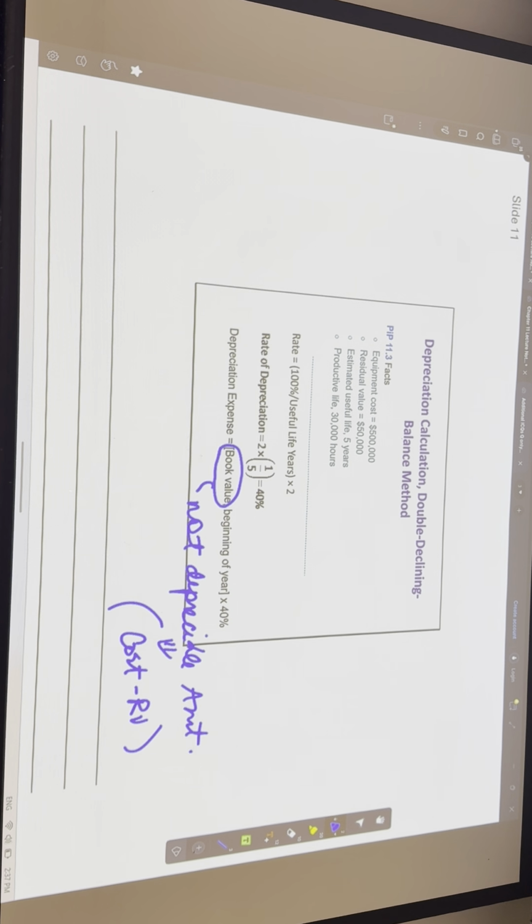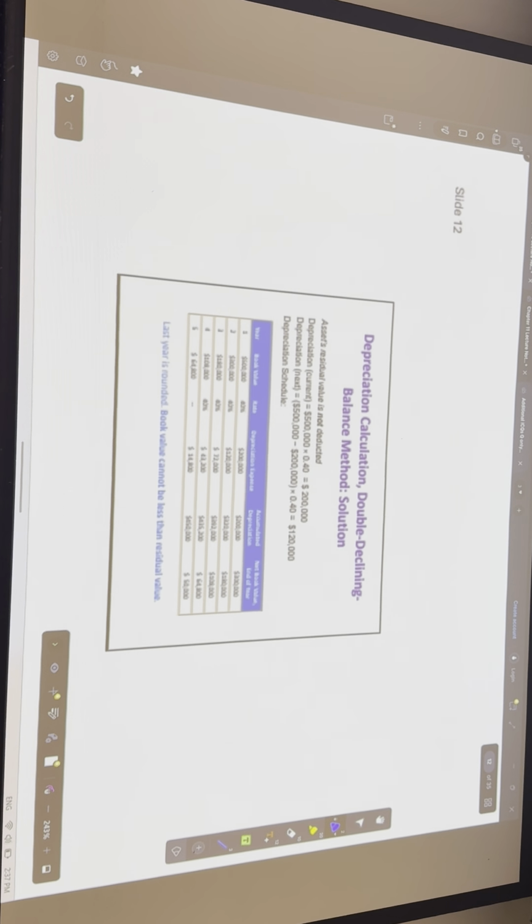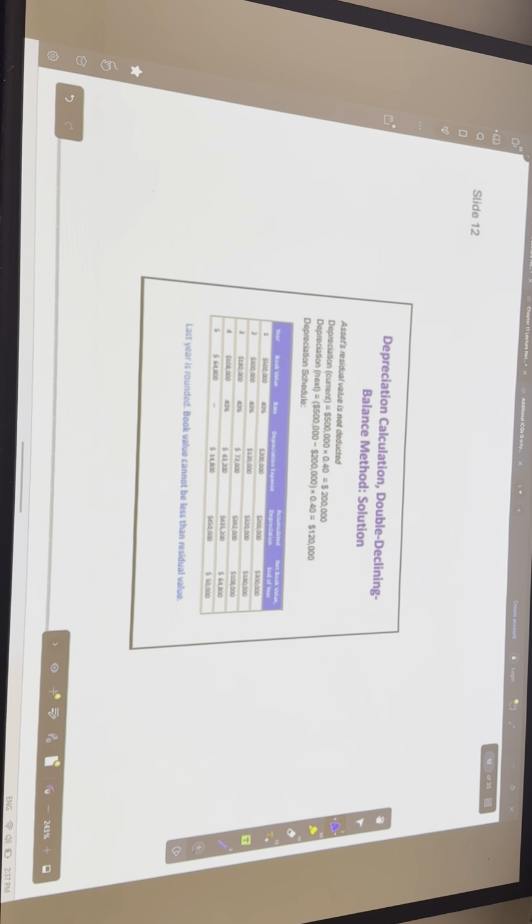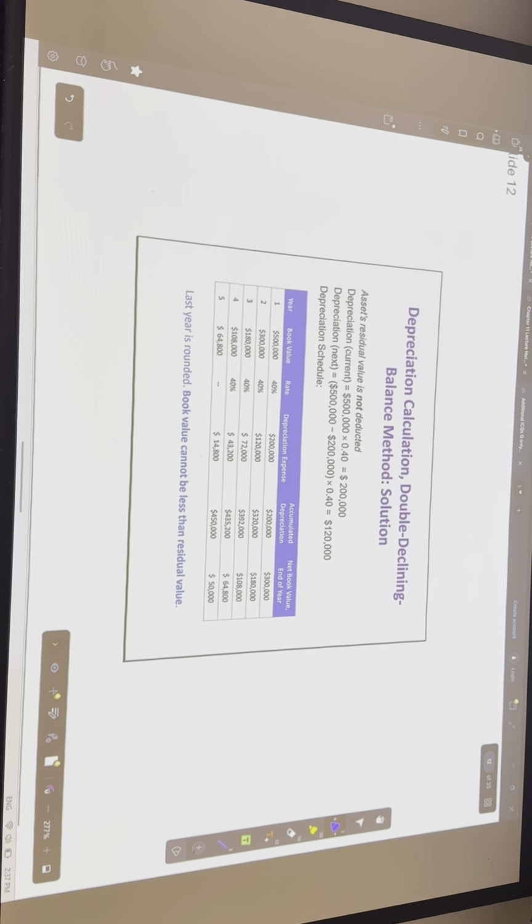That's what the definition is. Don't use that. Just use the cost or the net book value. And this is what it looks like, okay, you guys? All right, so the residual value is not deducted. I try my best to give you some examples that you can walk through on your own to get that assessment.